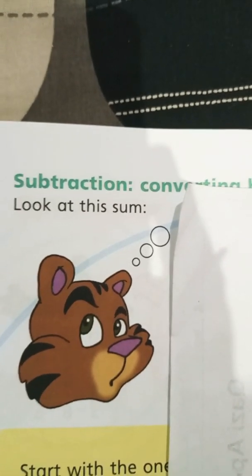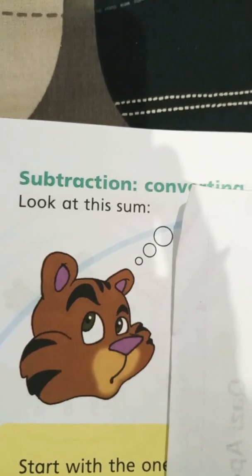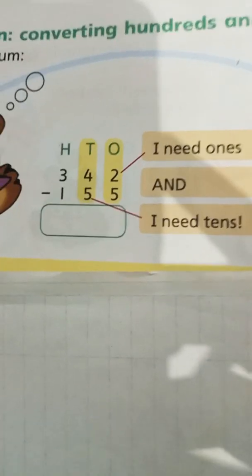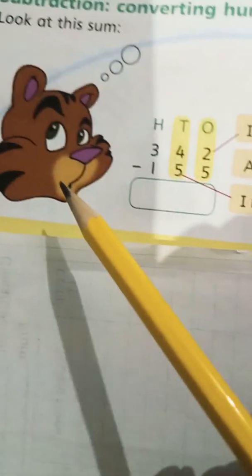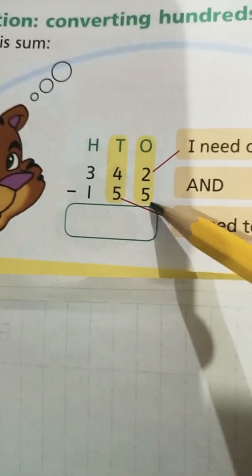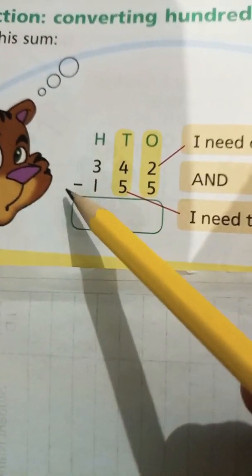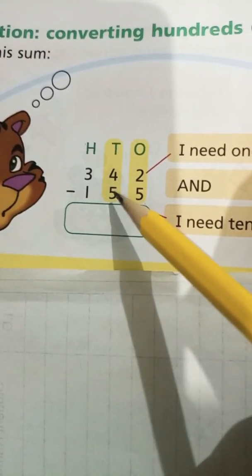Okay students, now look at the sum. Here is our friend Tiger and he is thinking about something. Here is the question about which our tiger is thinking. Let us help him. Here is the sign of subtraction, so we are going to subtract these two values.